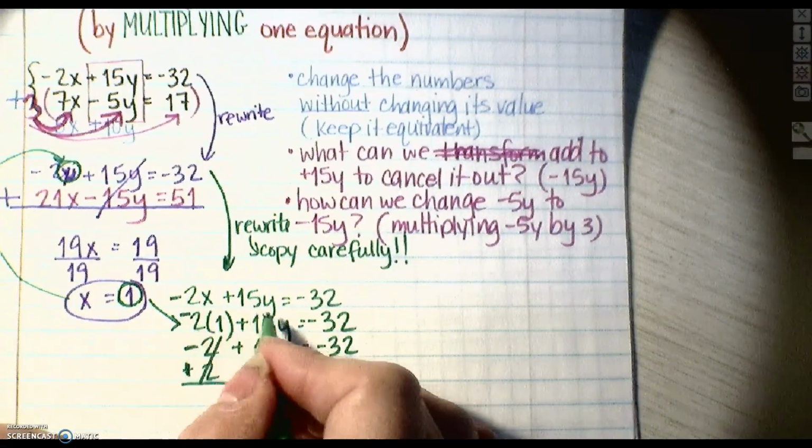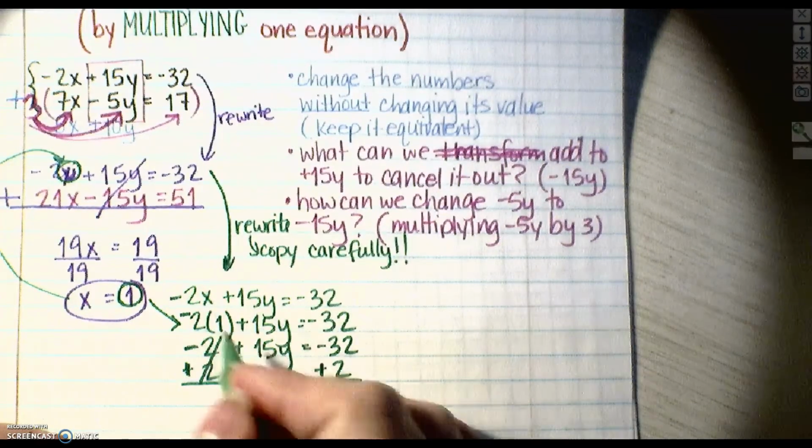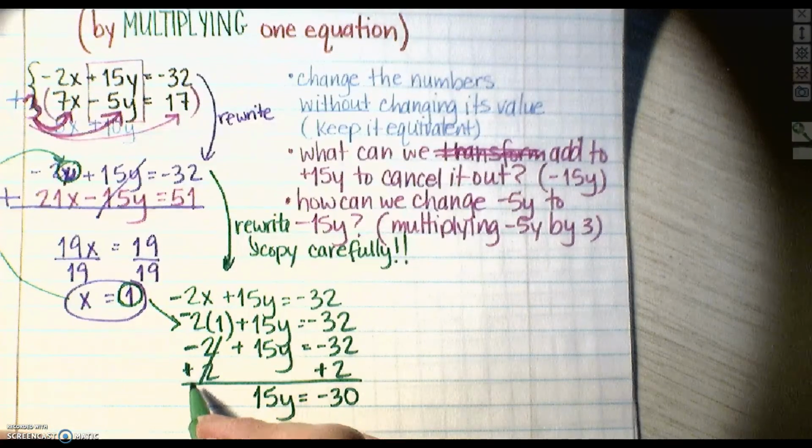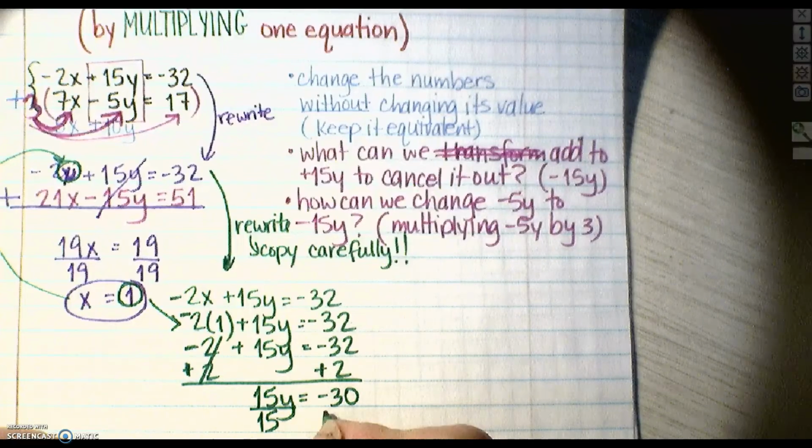So it's negative 2x plus 15y equals negative 32. Negative 2 times 1 is negative 2. Negative 2 plus 2 is 0, canceled out. 15y equals negative 30, and y equals negative 2.